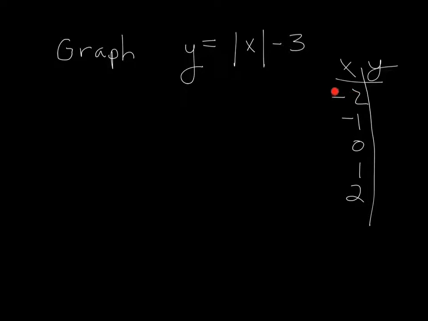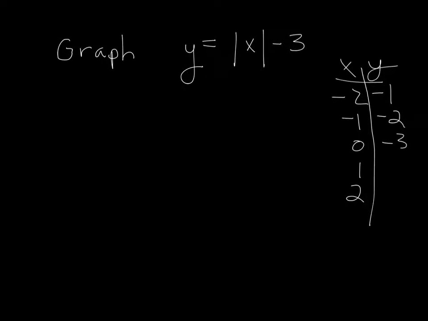If I take -2 and plug it in for x, I take the absolute value, it becomes +2, and 2 minus 3 is -1. Next one, if I put a -1 in here, the absolute value will be 1, and 1 minus 3 is -2. And 0 minus 3 is going to be -3.